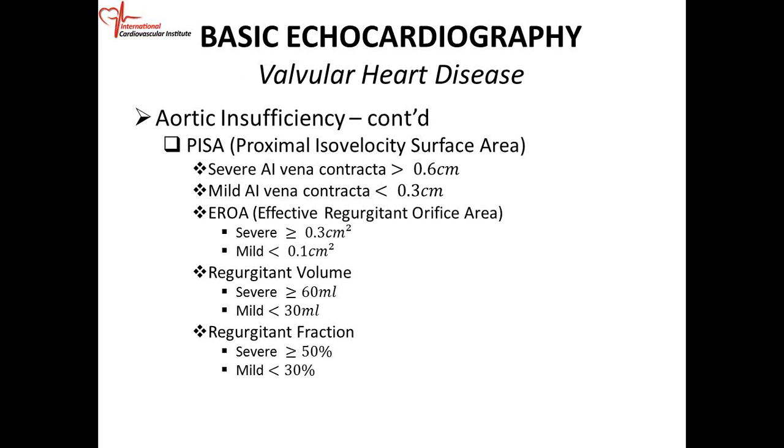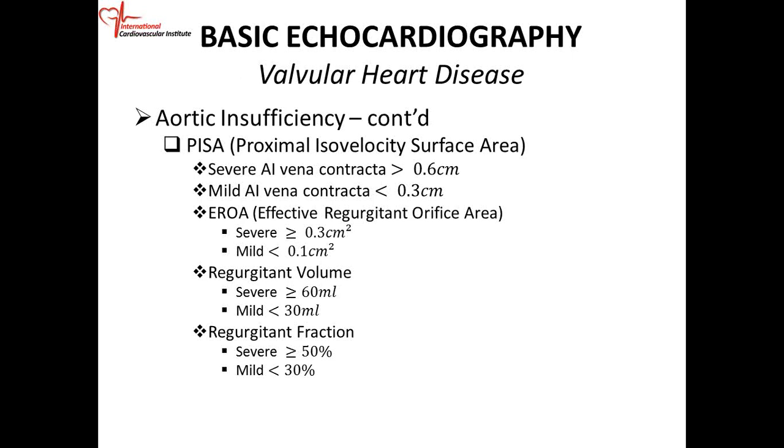But it's simple. The flow at PISA is equal to the regurgitant flow. Flow is equal to cross-sectional area times the velocity. So if you're going to use your concentric ring, the area is 2 pi r squared times the aliasing velocity. That gives you the flow at PISA. The aliasing velocity is what you adjust on the machine.